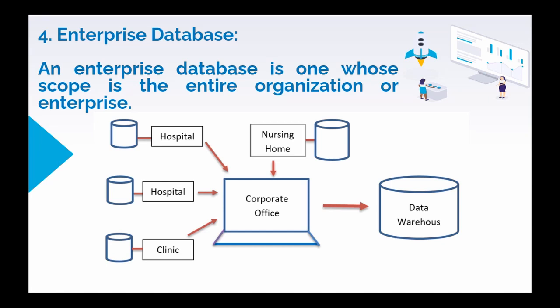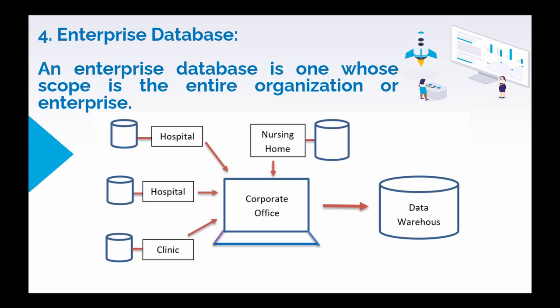Arguably, the most important type of enterprise database system today is called a data warehouse. A data warehouse is an integrated decision support database whose content is derived from the various operational databases.